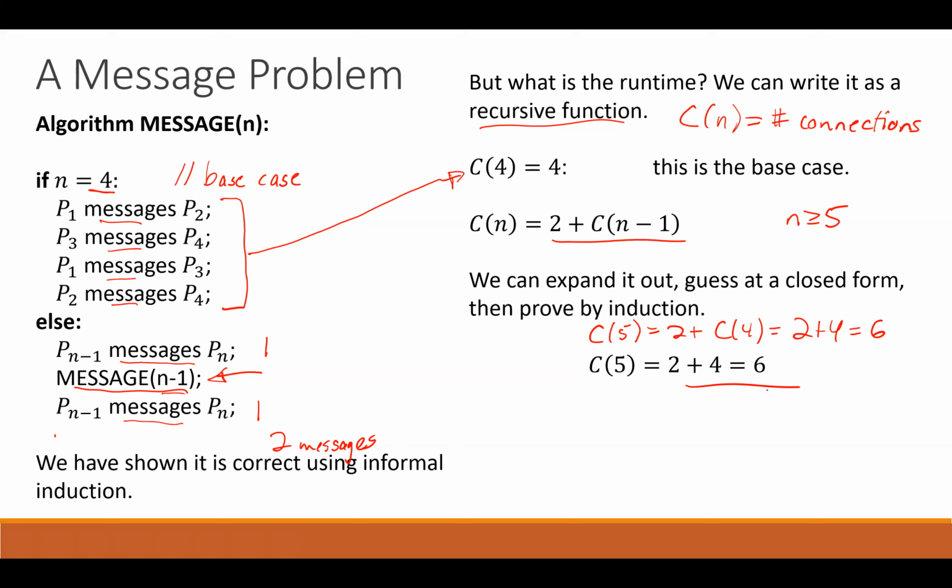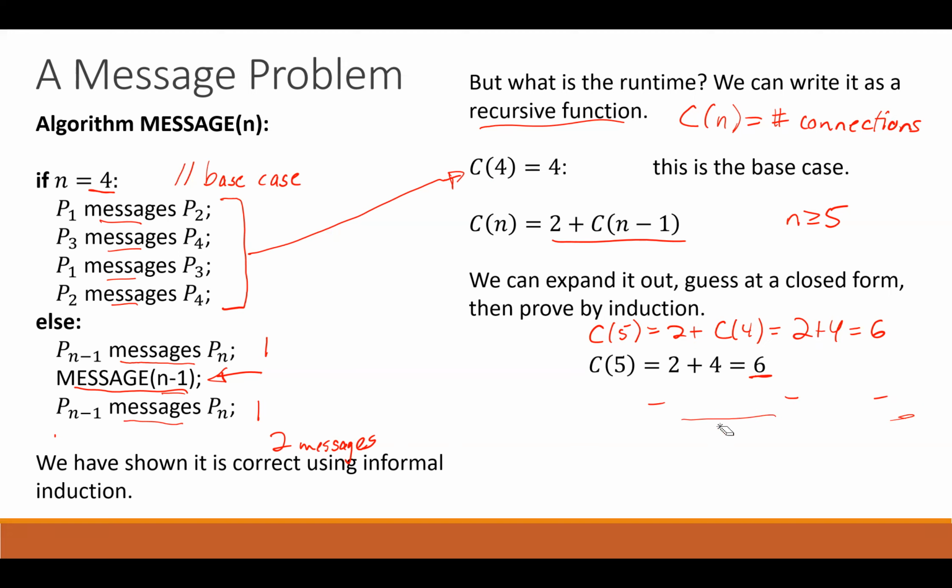So that's where we get that. If I wrote out C6 now, that's equal to 2 plus C5, which is 2 plus 6, which is 8. And then I could do the same thing for C7. It would be 2 plus C6, so I would get 10 here.